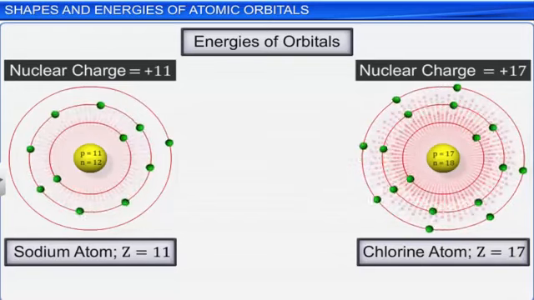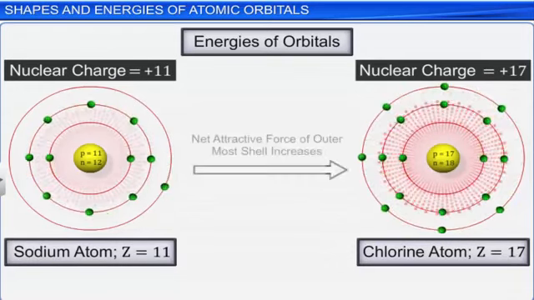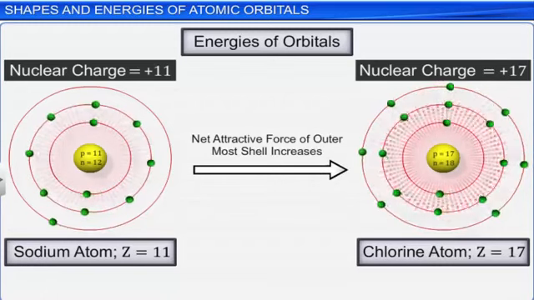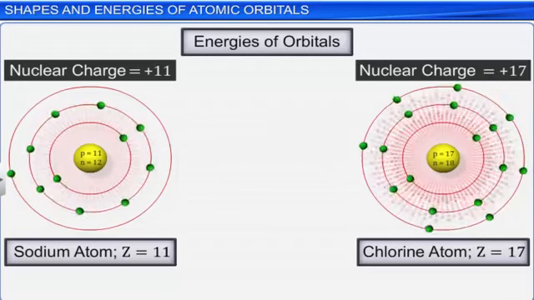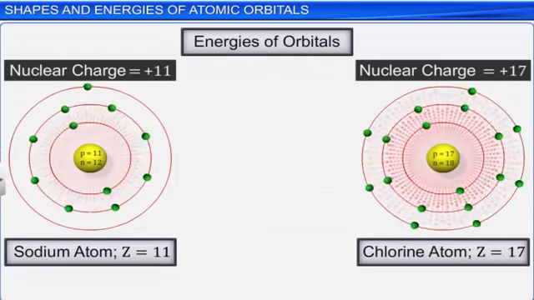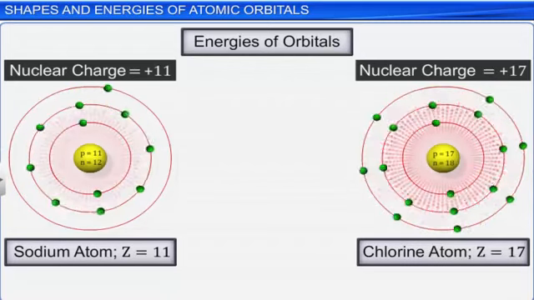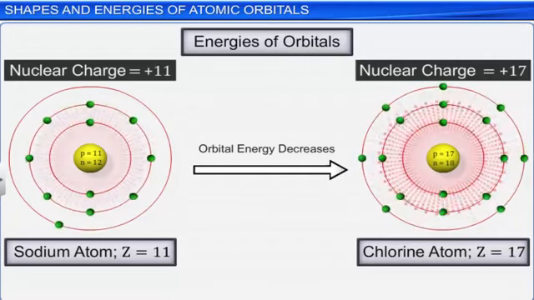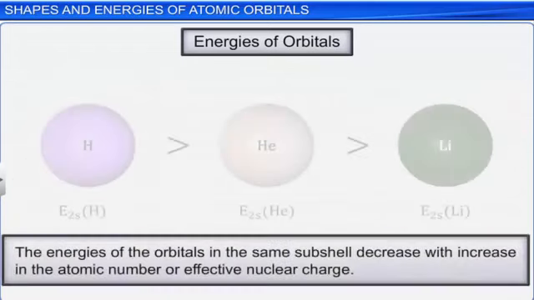In other words, the energy of interaction between nucleus and electron, that is, orbital energy, decreases or becomes more negative with increase in atomic number. The energies of the orbitals in the same subshell decrease with increase in the atomic number or effective nuclear charge.